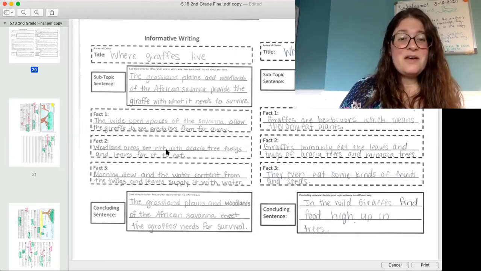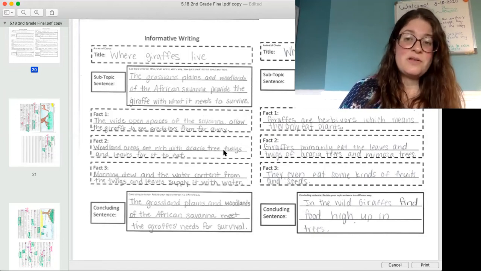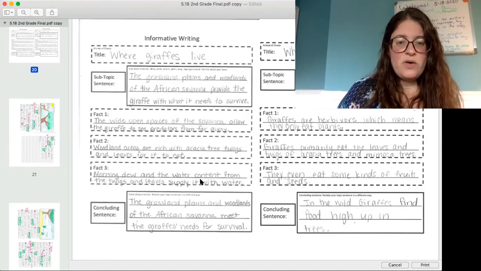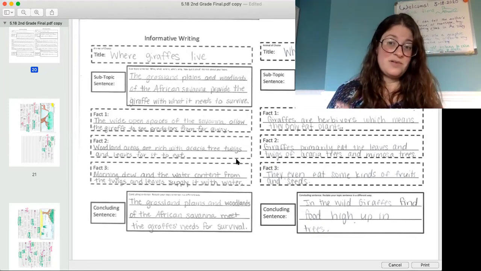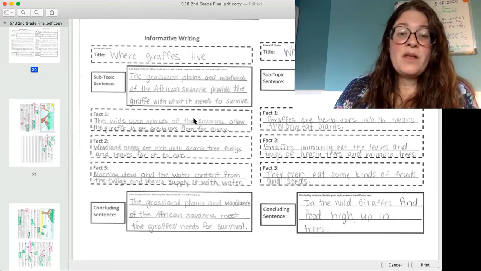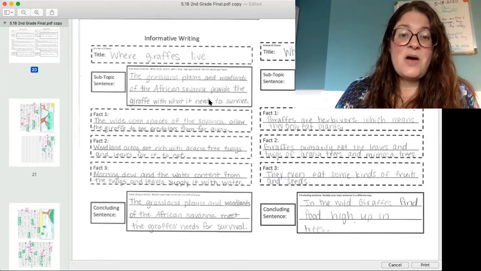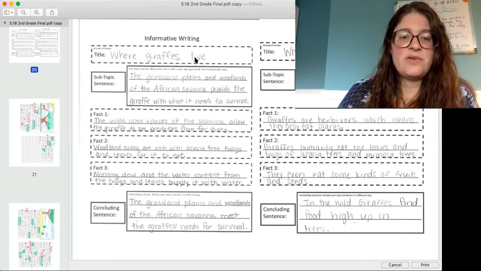So even though this is a little bit about the eating, it's important that there are trees where the giraffe lives that it can get food. So that's why this is specific to where they live. Morning dew and water content from the twigs and leaves supply it with water. Because where you live, you have to also be able to get a water source. So those are 3 facts about why the African savanna is the place where giraffes live.